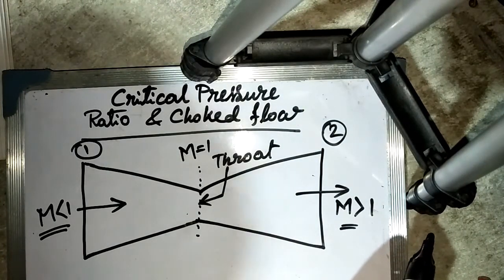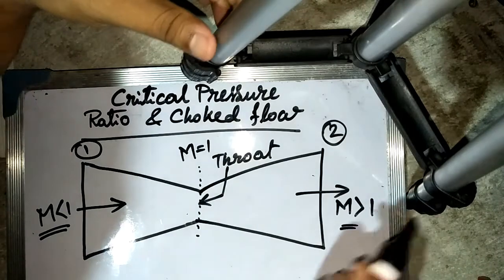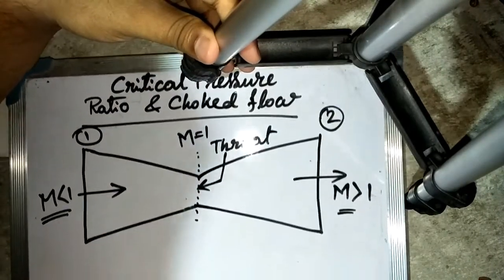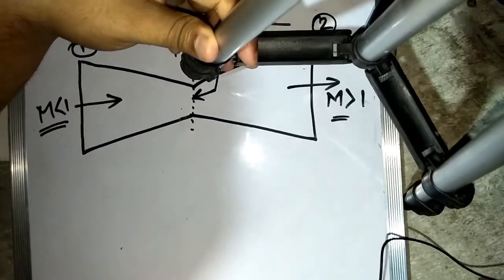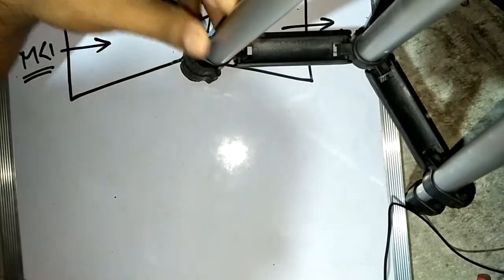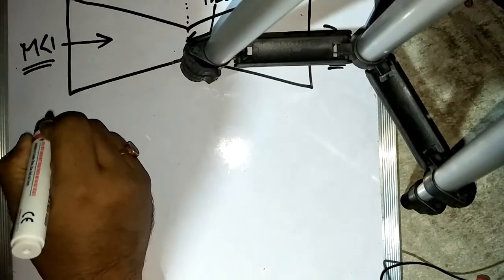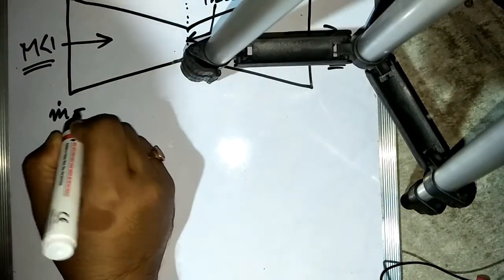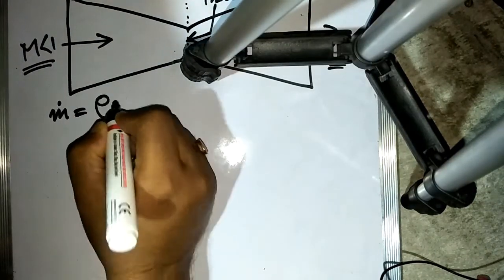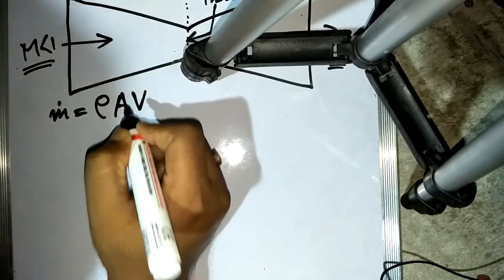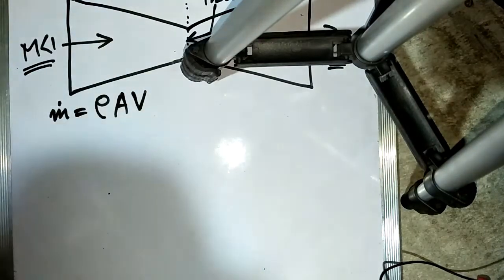So now let's apply the continuity equation. That means the mass flow rate, m dot, is equal to density into area into velocity.